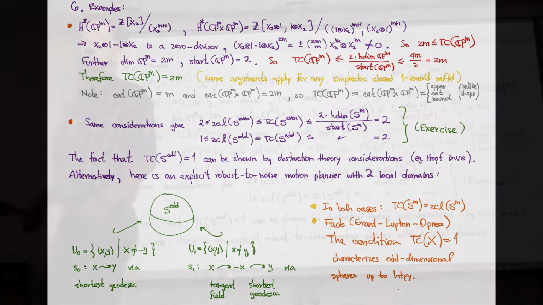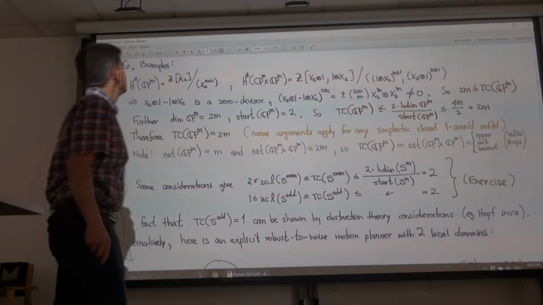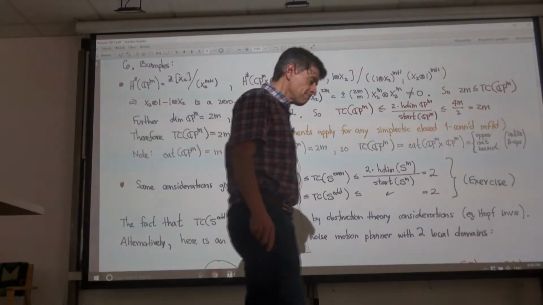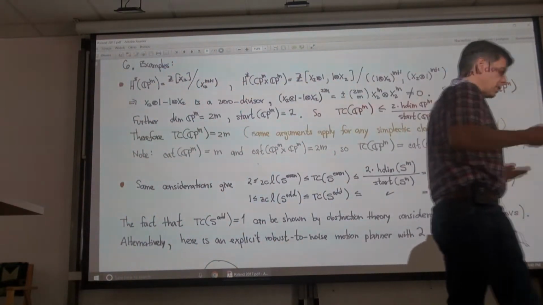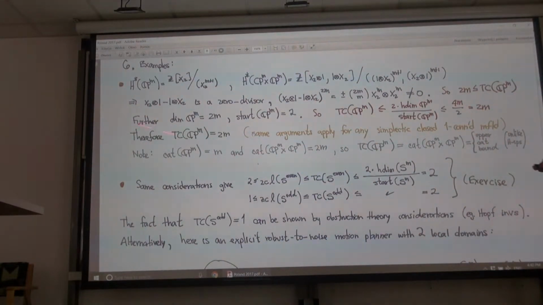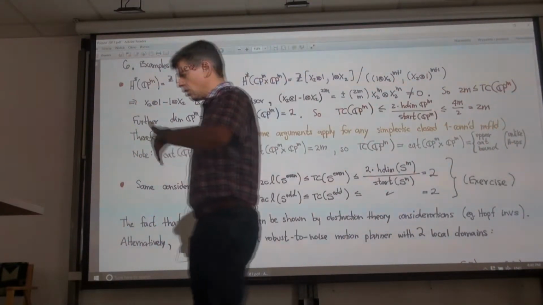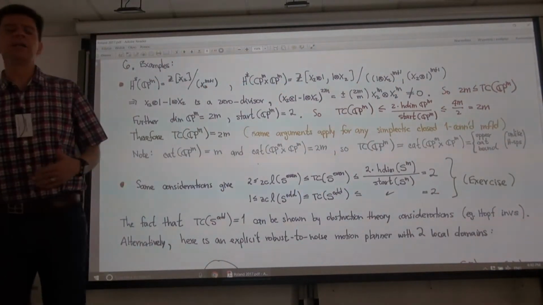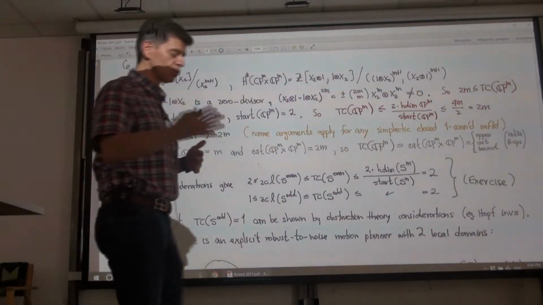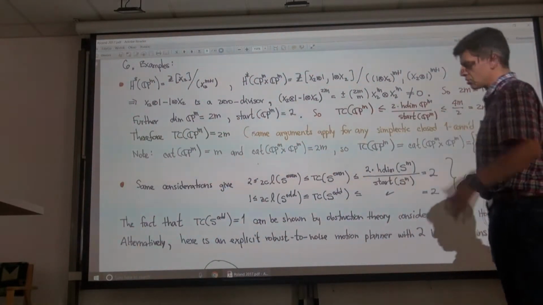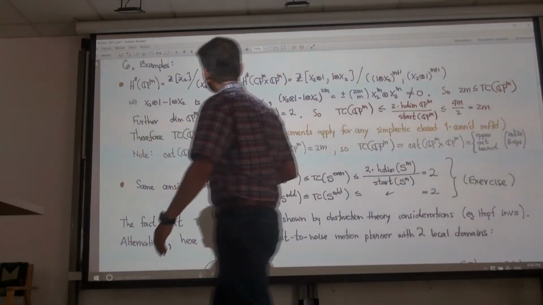By the way, this argument works just the same, not only for CP^m, but also for any symplectic closed, simply connected manifold. Essentially, the role of x2 would be played in that general case by the cohomology class determined by the closed, non-degenerate two-form corresponding to the structure of the symplectic manifold.